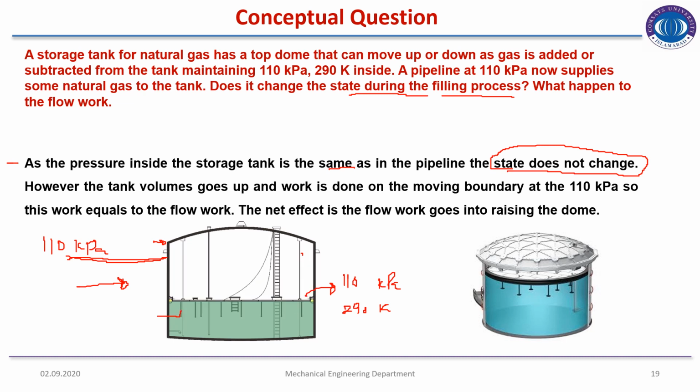As the gas is flowing through the pipe into the tank, boundary work is done. The volume of the tank is increasing. So the tank volume goes up and work is done on the moving boundary at the 110 kilopascal pressure. This work equals the flow work. The net effect is the flow work goes into raising the dome.